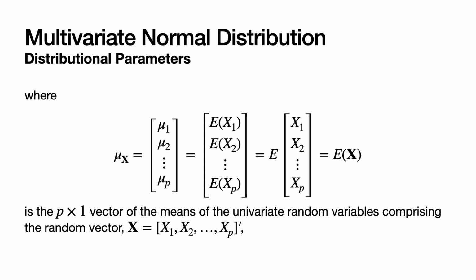Now, we can also represent this p by 1 vector of expected values as the expected value of the p by 1 vector containing the random variables, which could then also be represented more succinctly as the expected value of the p by 1 vector bold X.